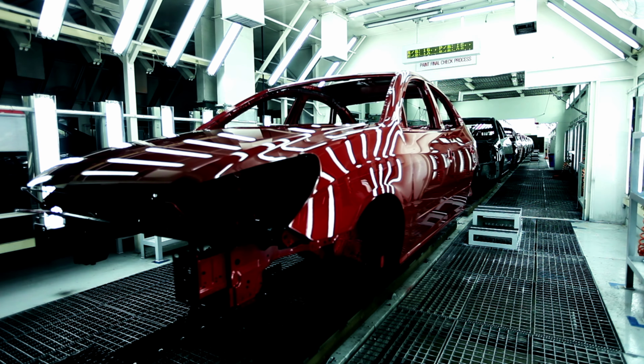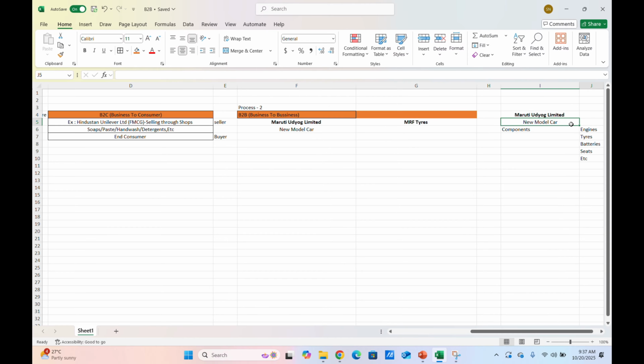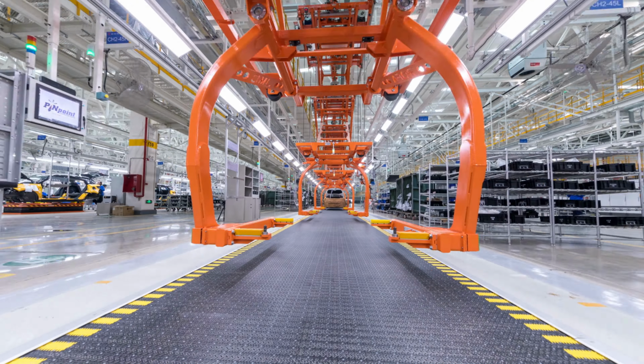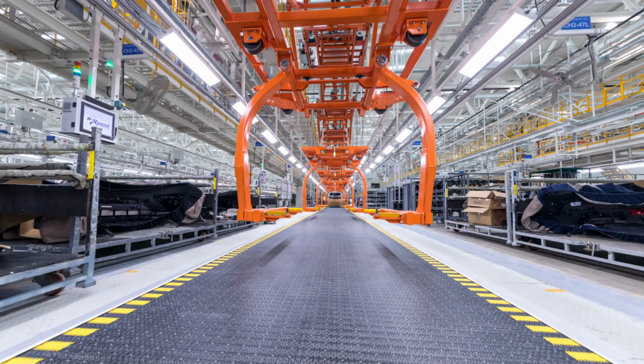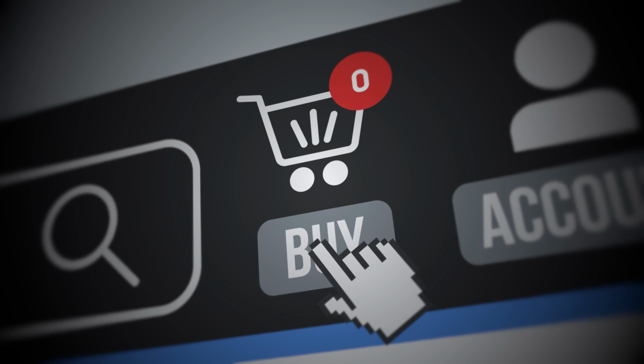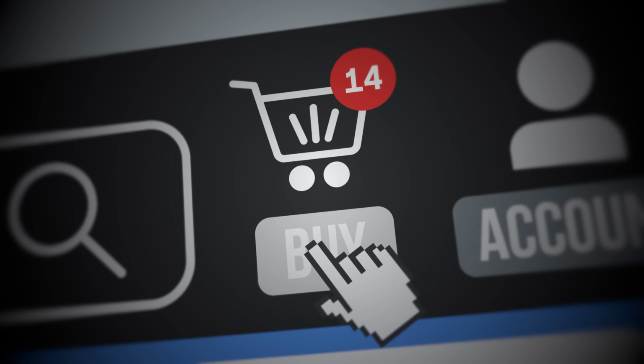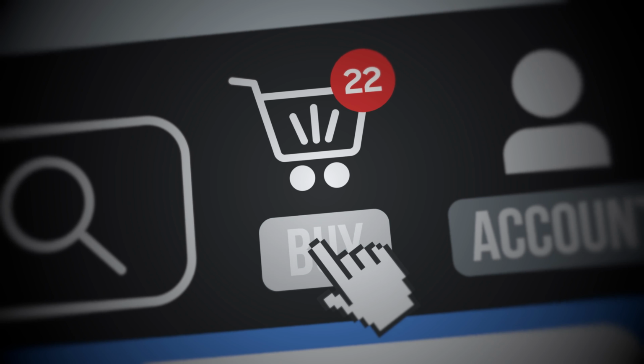Okay, so now let's imagine this. Maruti Udyog Limited is in the process of manufacturing a new model of car. To complete this new model vehicle, they need several components like engines, tires, batteries, seats, and many other things. Okay, but here is the key point. A finished goods manufacturer like Maruti Udyog doesn't produce all these parts on its own. Instead, it procures many of them from a specialized company.